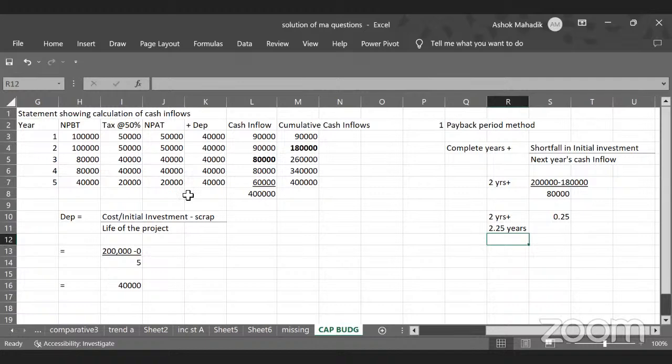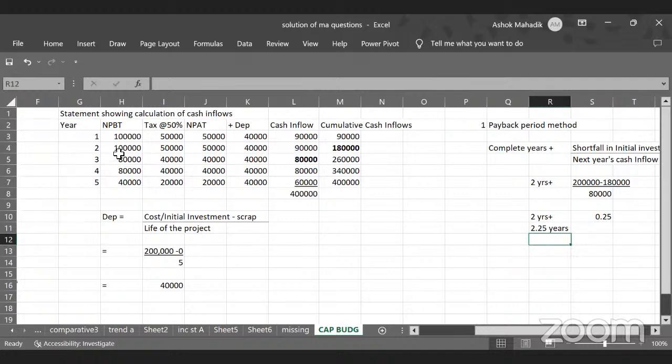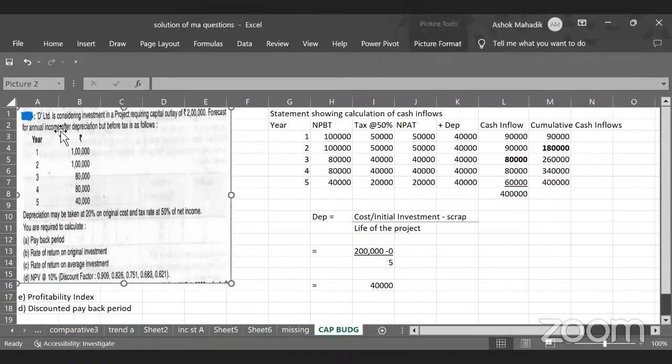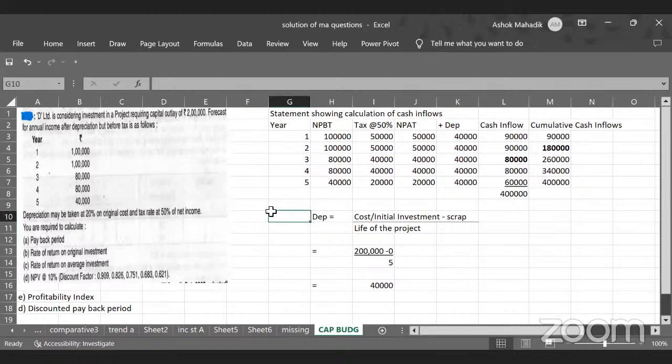For the first three methods, you need to have this table. Just revise how we got this table. Always look for the profit or its denomination, what is given to us. In this sum, the profit was income after depreciation but before tax. So it was given as net profit before tax, after depreciation. Clear?